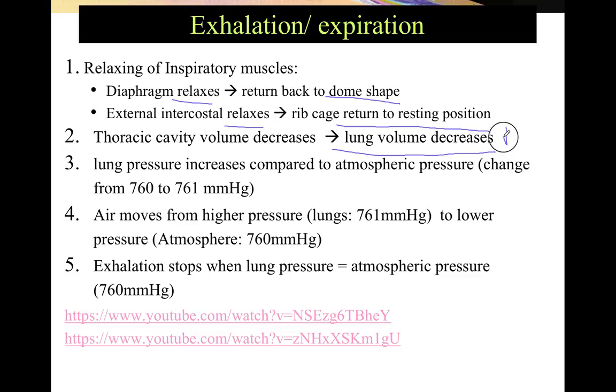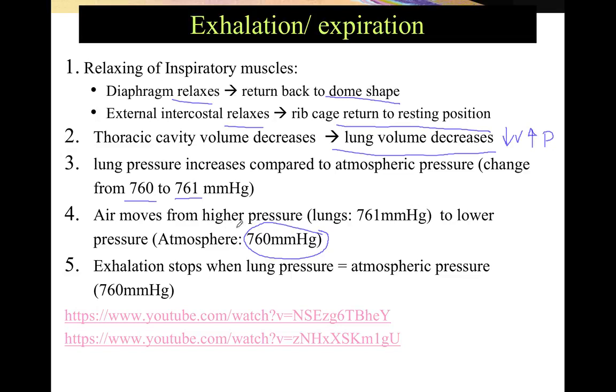And remember, a decrease in volume means an increase in pressure. So your original pressure is 760, but now you compress the lung, which means the pressure is going to build up to 761. Atmospheric pressure doesn't change, it's always 760, right? So air now has a higher pressure inside your lung compared to your atmosphere.